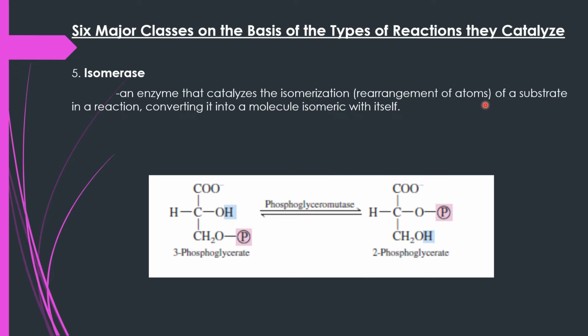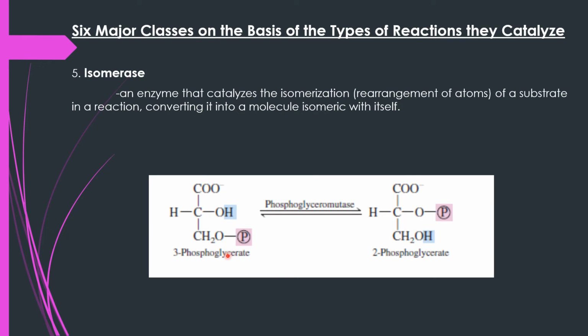Take note, in isomerases there is only one reactant and one product. A good example is the isomerase reaction of 3-phosphoglycerate with the help of the enzyme phosphoglyceromutase. It only involves the rearrangement of atoms in the structure.